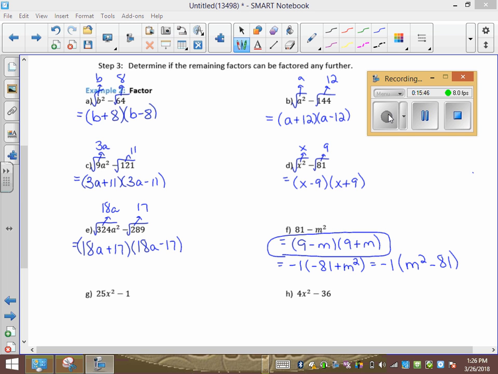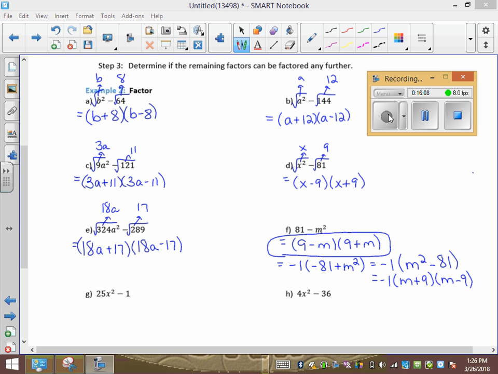And I can reorder them. There's no saying that because it comes first, it has to stay that way. All that's when you reorder them is that you have to take the sign that's in front of them with them. So positive m squared minus 81. Okay? And then we're going to get negative 1, m plus 9, m minus 9. Now some people will say, well, how is that any better?